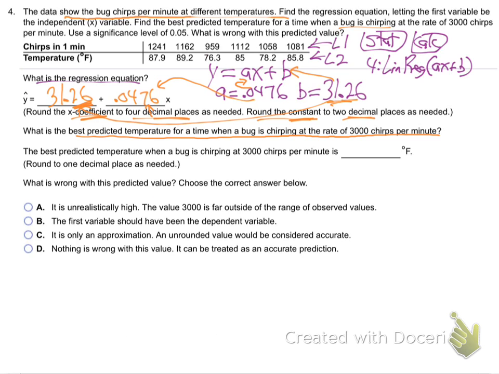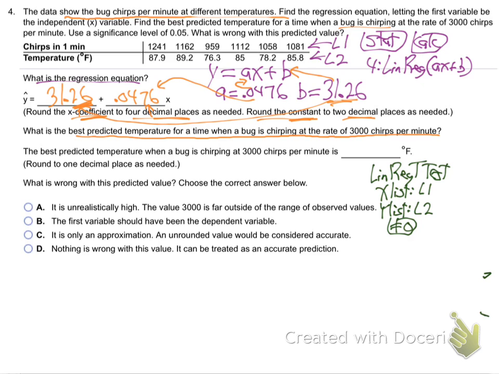So let's do it. We've got to come over here and do the linear regression t-test, under stat and tests. So you hit stat, go over to tests, linear regression t-test. It's the usual: x list is L1, y list is L2, and choose not equal to 0, and calculate.